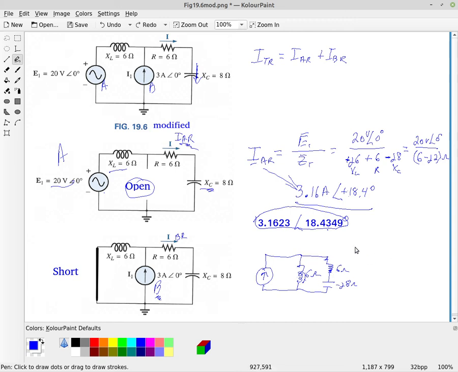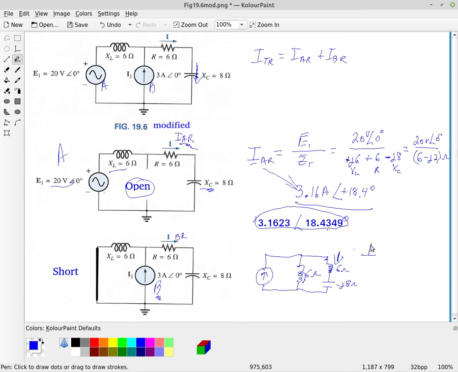So if we're going to calculate the current through this, we first have to either find the voltage, or we can use the current divider rule. Let me remind you of the current divider rule.